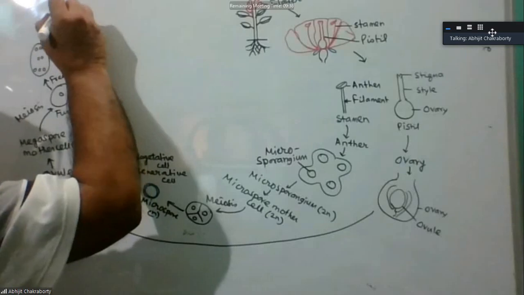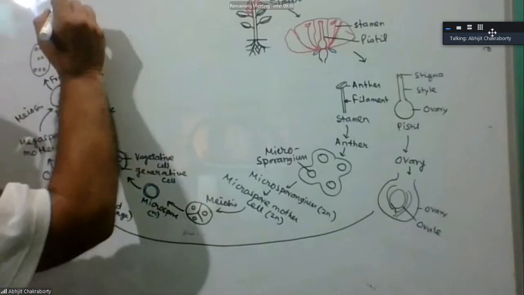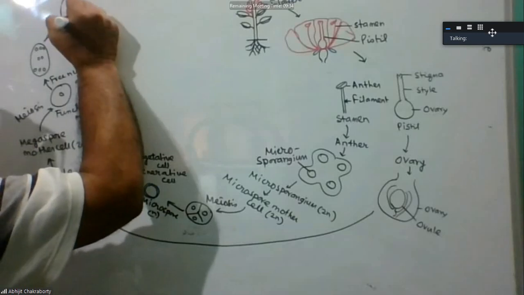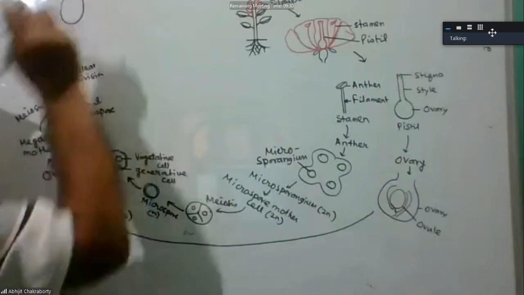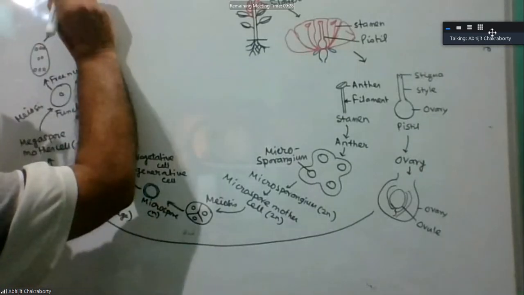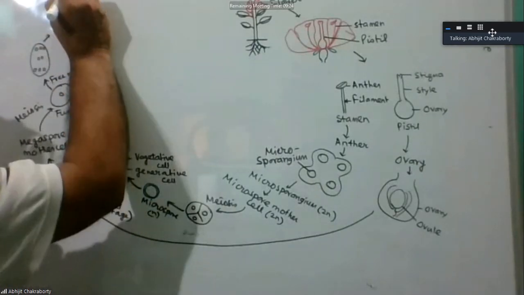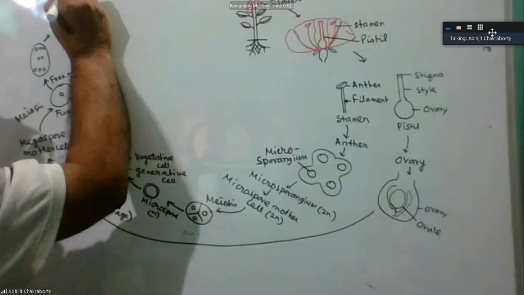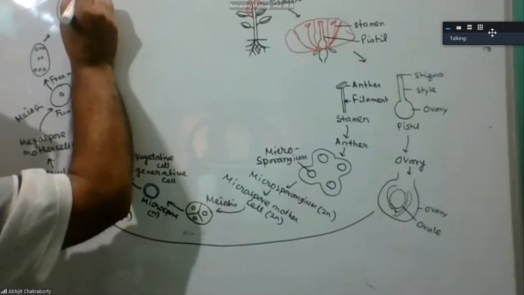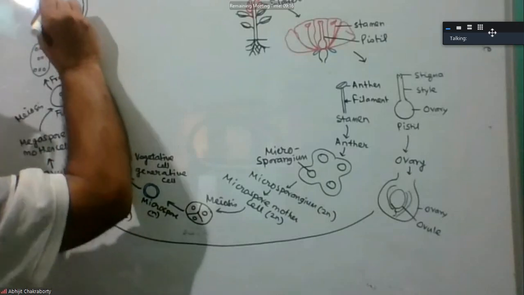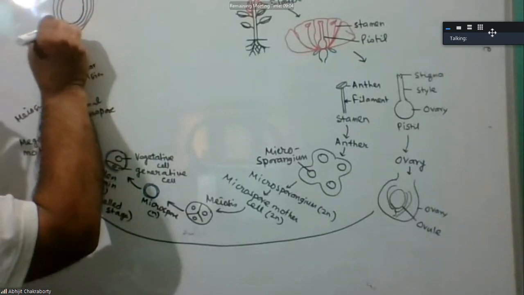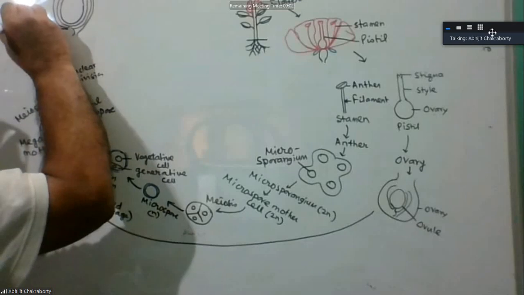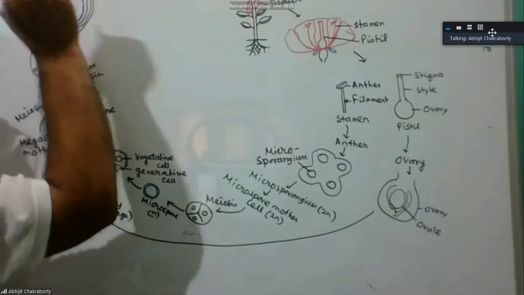Then, out of these eight nuclei, if you go to the structure of the ovule, this end of the ovule is called the micropyle.